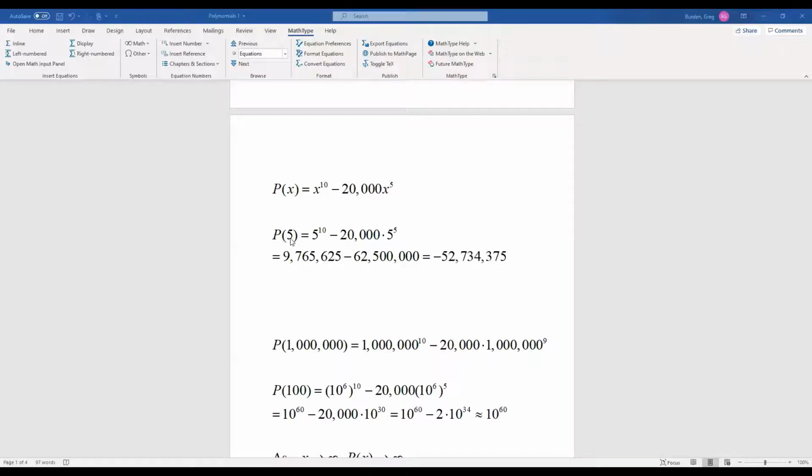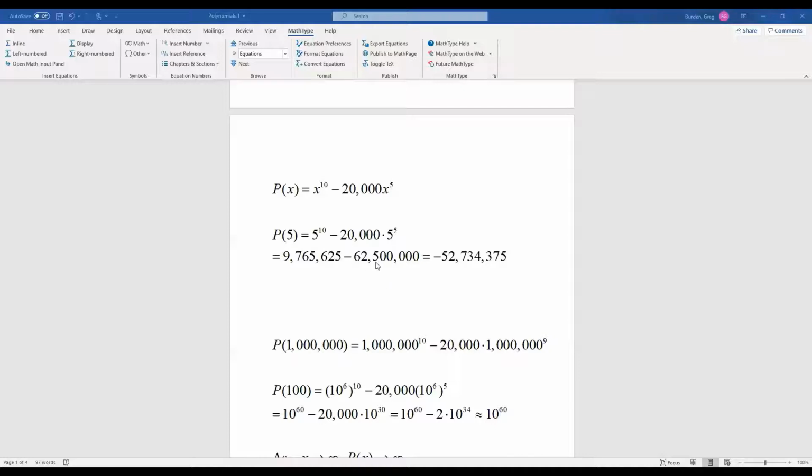Well, if we were to plug in 5 here, 5 to the 10th is 9,765,625. Just a bit shy of 10 million. 5 to the 5th is smaller, but we're multiplying that by this 20,000, so the 20,000 times 5 to the 5th, if I did this right on my calculator, works out to be, well, just the 20,000 part, 62,500,000.